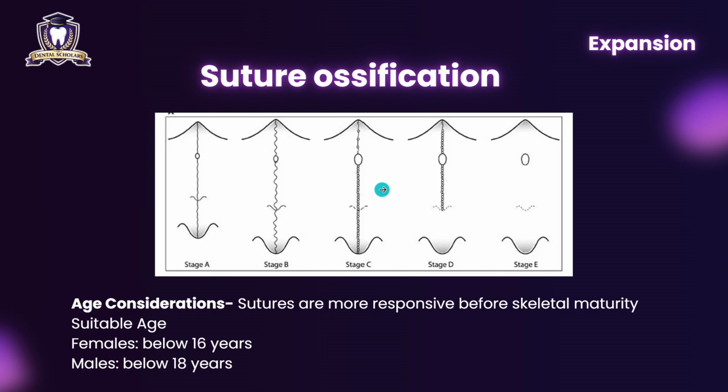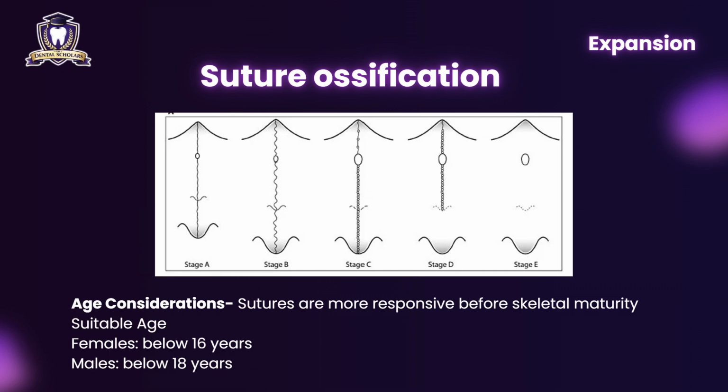In stage C, the mid-palatal suture appears as 2 parallel scalloped high density lines that are close to each other. In stage D, the fusion of mid-palatal suture has occurred in the palatine bone. Stage E is where the sutural fusion has progressed from the posterior to the anterior region, and thus the suture has fused in the maxillary bone also.